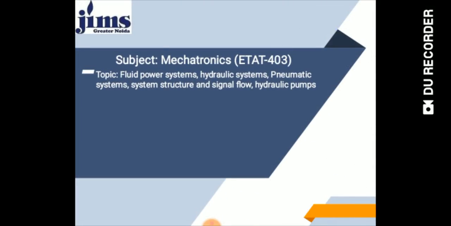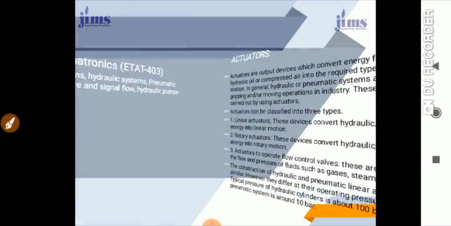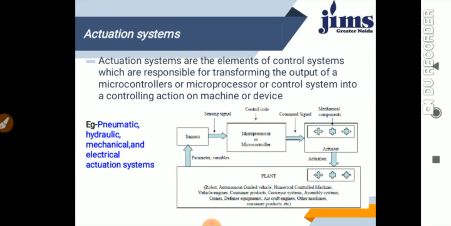So here we are talking about actuation systems. Actuation systems are elements of a control system; we are talking about the closed loop control system. They are responsible for transforming the output of a microcontroller or microprocessor or control system into a controlling action of the machine or device.